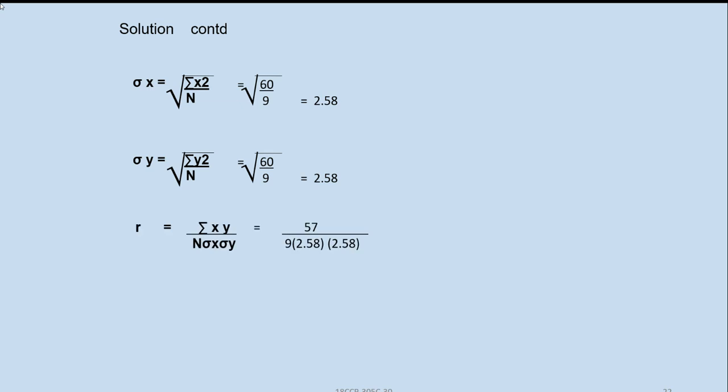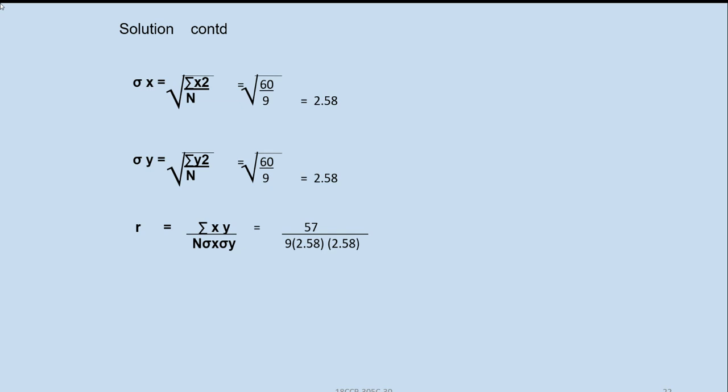Now we will calculate R is equal to sigma xy by n into standard deviation of x, standard deviation of y. Sigma xy is 57, which we got from the table we prepared in the previous slide. This is divided by n into standard deviation of x, standard deviation of y. N is 9, as for both series we have 9 observations.